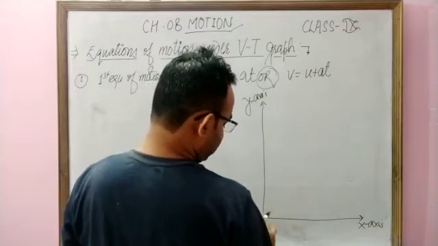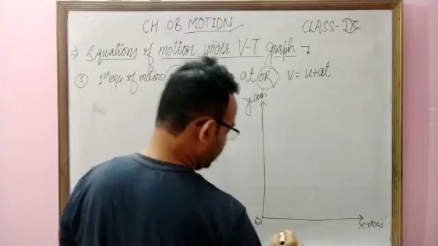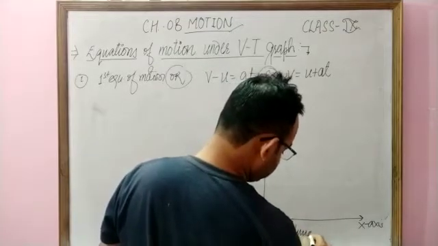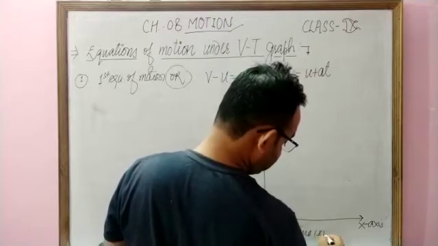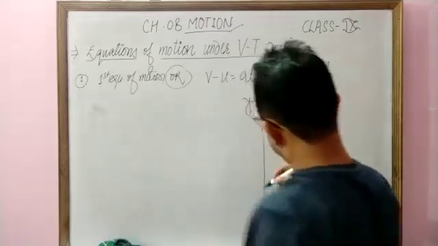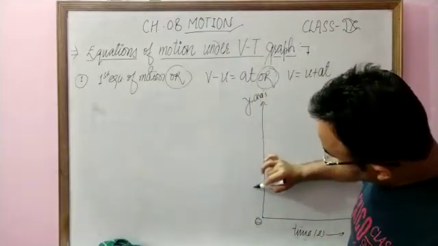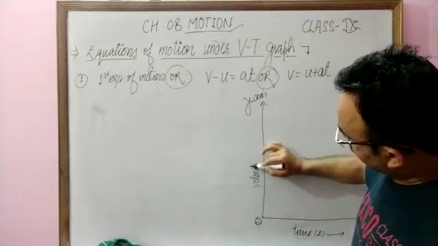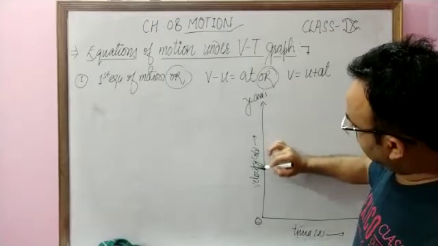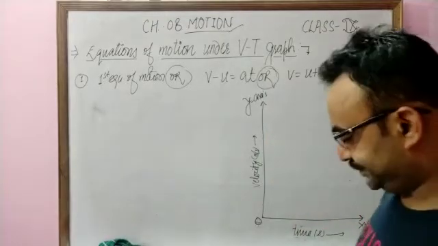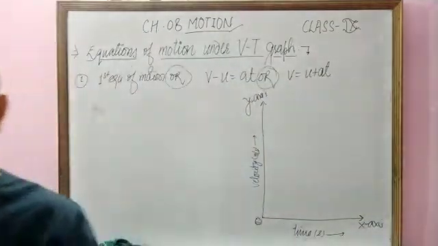In the horizontal axis we used to write the independent variable, that is time, in seconds, and in the vertical component we used to write velocity, meter per second.